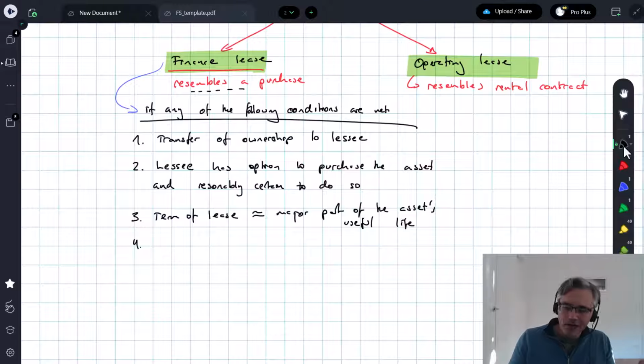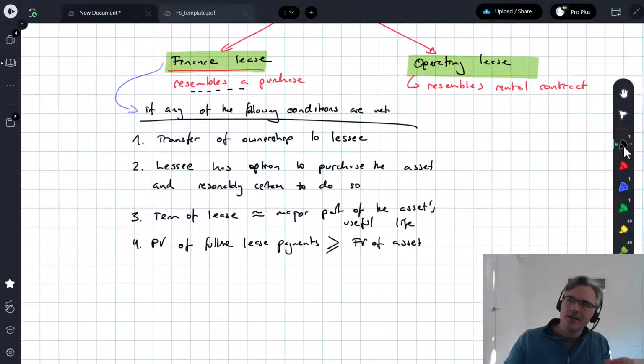Number 4, if the present value, the PV, of those future lease payments that you've committed to make, if that PV is equal to or higher than the fair value of the asset today, it means, by paying lease payments, you're going to kind of pay the asset off. And that means you're stuck with it pretty much for good. It's as if you're buying it with borrowed money.